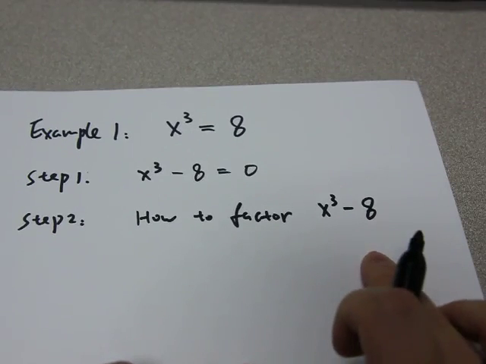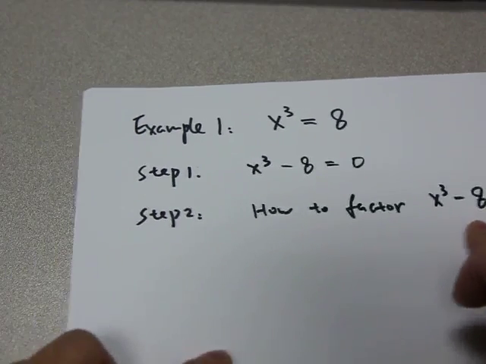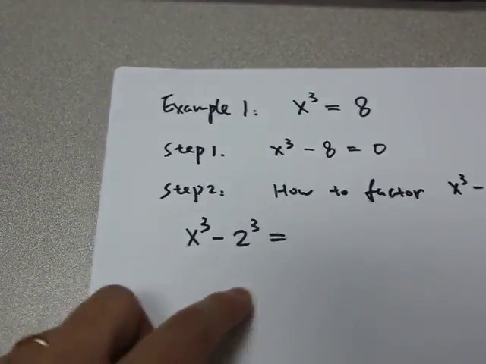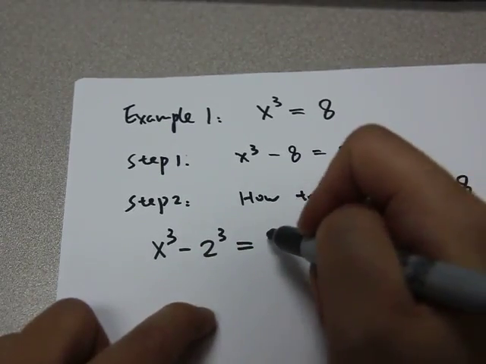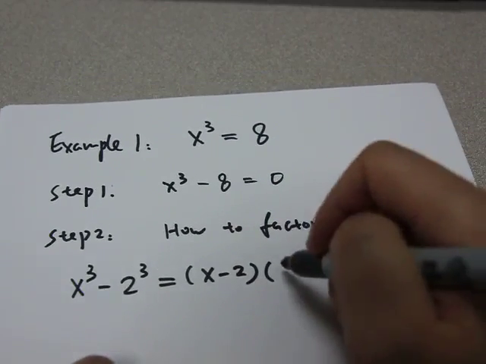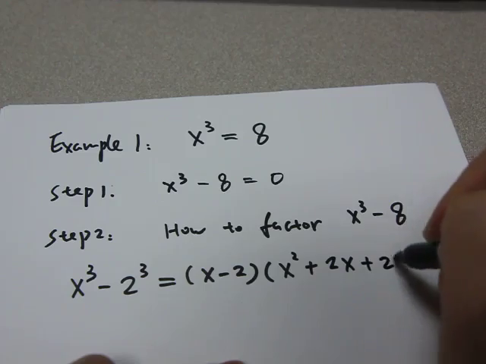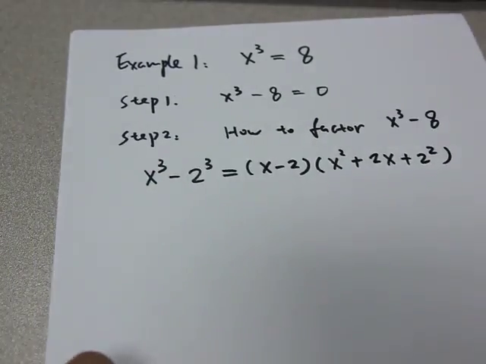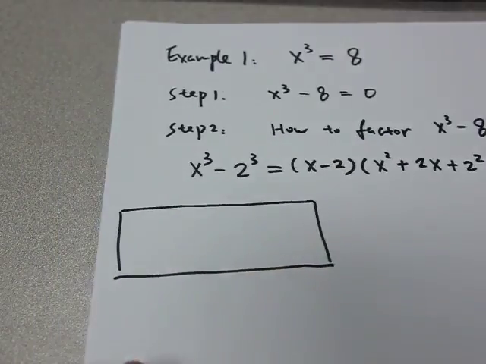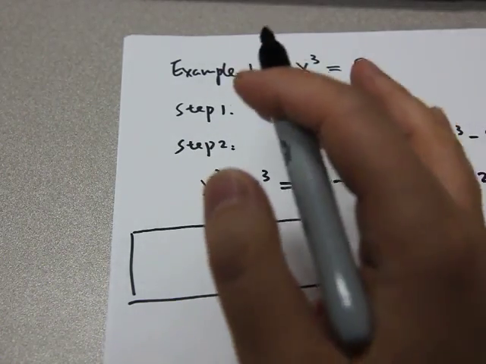If you still remember, because this is a difference of 2 cubes, we can factor this into x minus 2 times x squared plus 2x plus 2 squared. If you forgot this formula, you may want to go back and watch my previous videos from section 5.